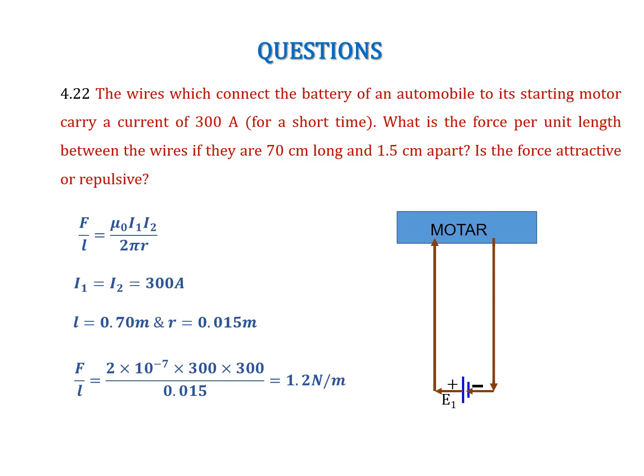We substitute the value of current and r and the result is 1.2 newtons per meter. Okay, and these wires will repel each other because the currents are in the opposite direction, hence the force will be repulsive.